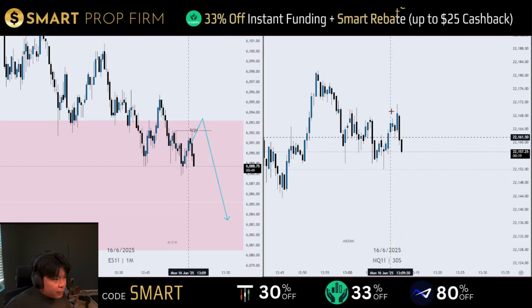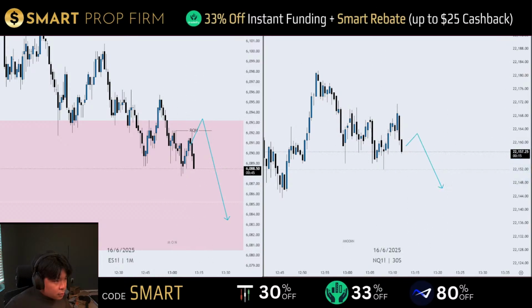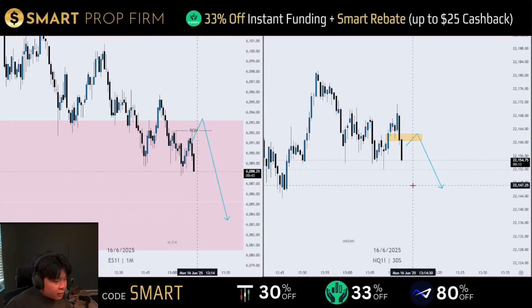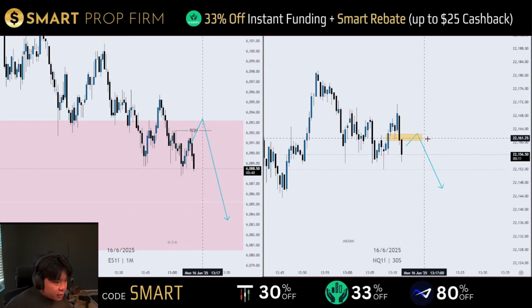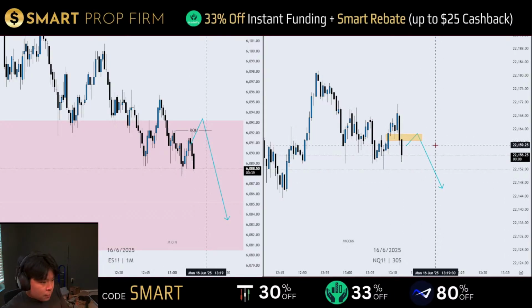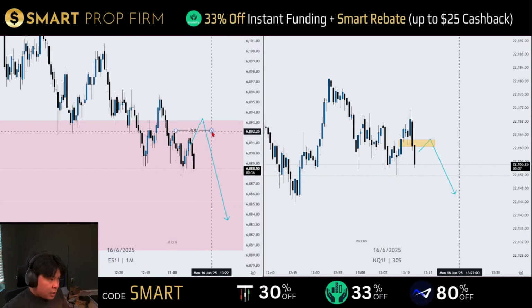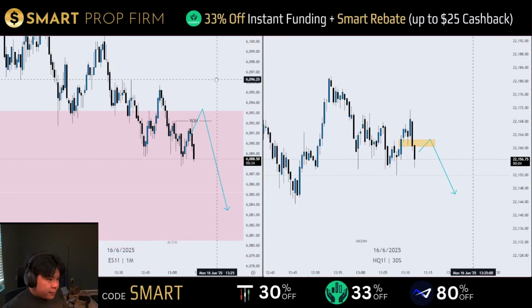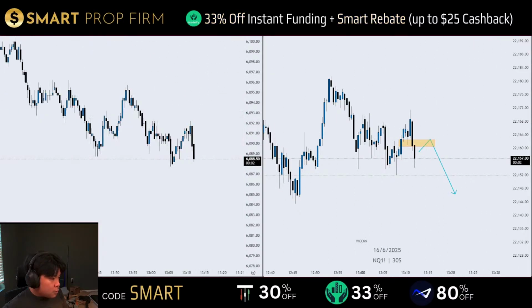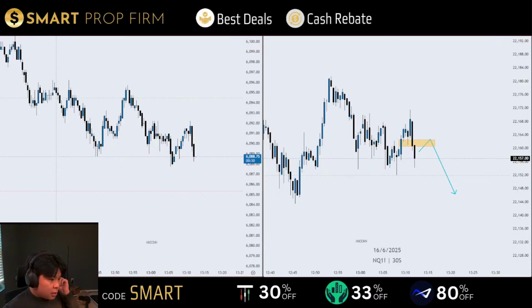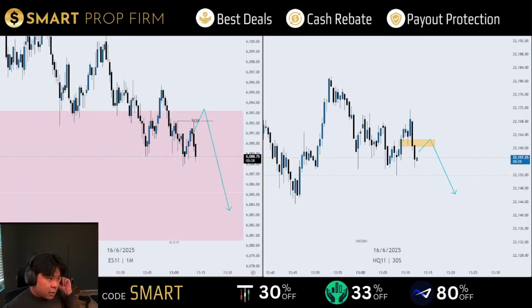We could play off this on this next retrace here, this closure, on a 30-second, if it's getting heavy. Yeah, what the heck was ES doing?